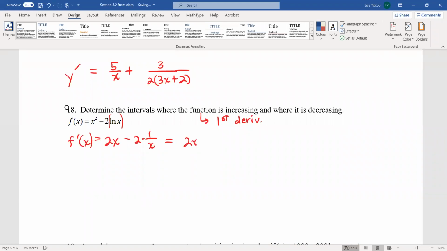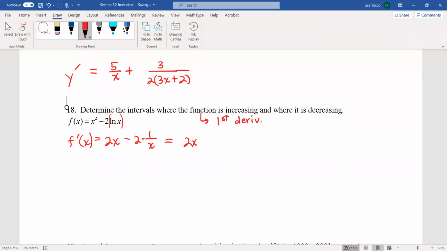If I think of the 2 over 1, then that's minus 2 divided by x. All right, so that's my derivative.